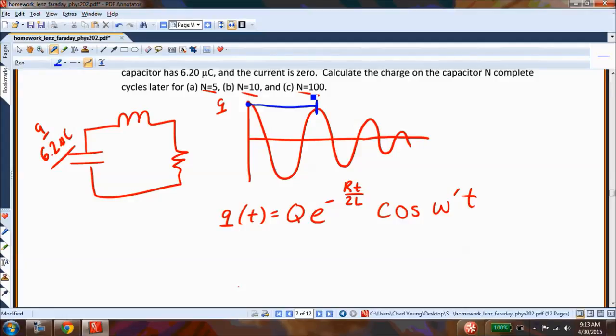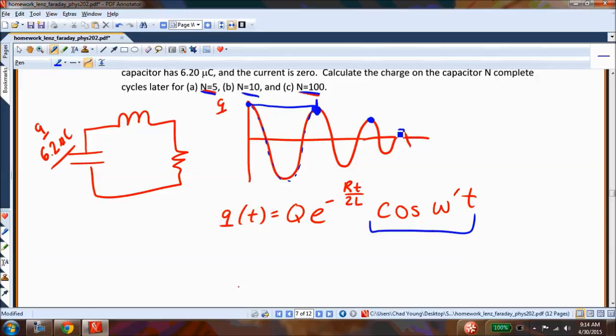But I can also realize that this term, which defines how this function oscillates back and forth, I can just get rid of, because at those times, at 5, 10, and 100 times the period of this cyclical function, that cosine term is always going to equal 1, because I'm always going to be at the peak of this cosine function.